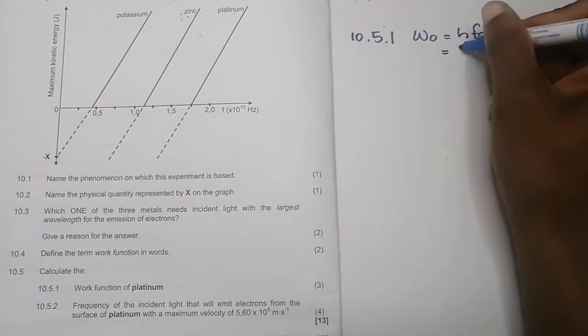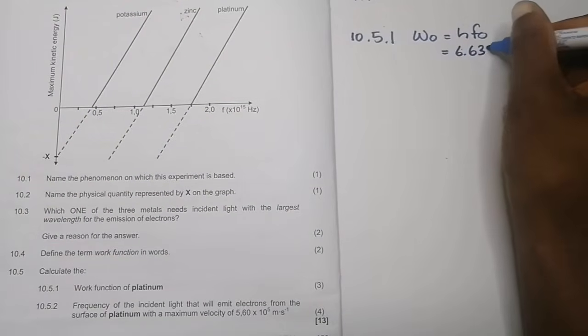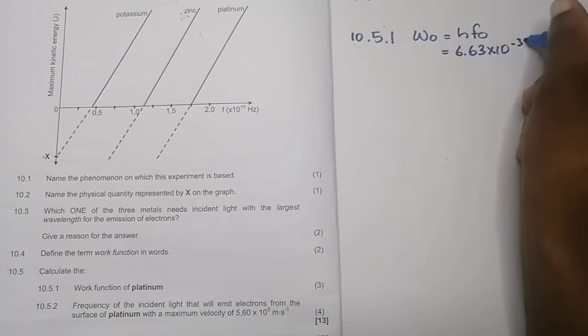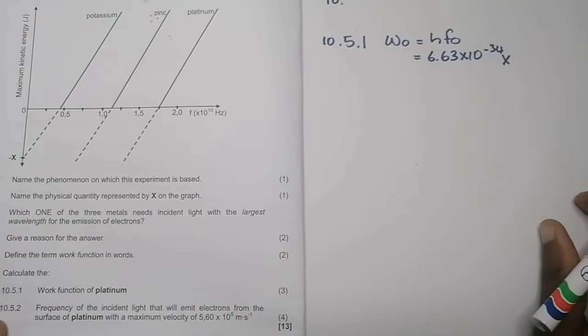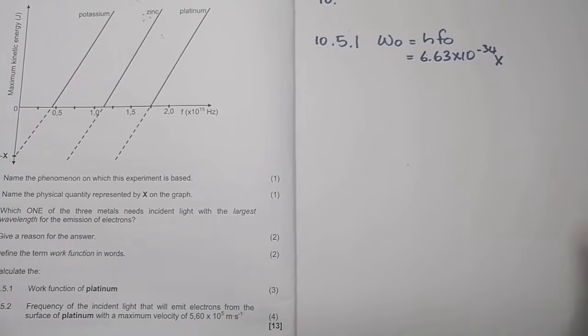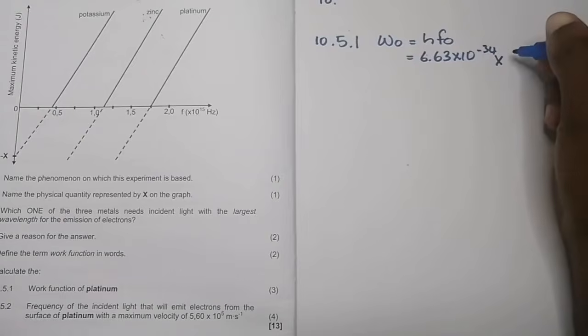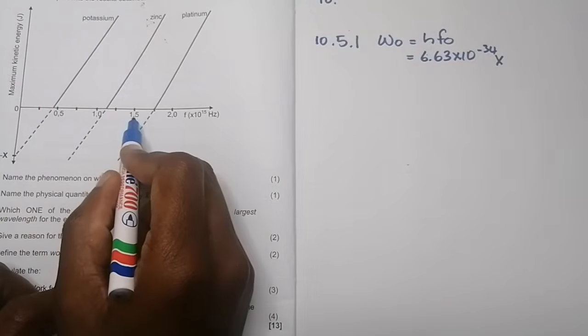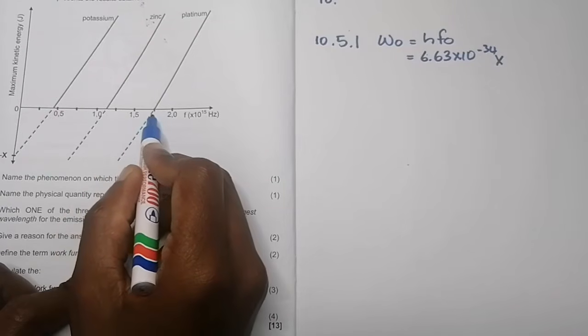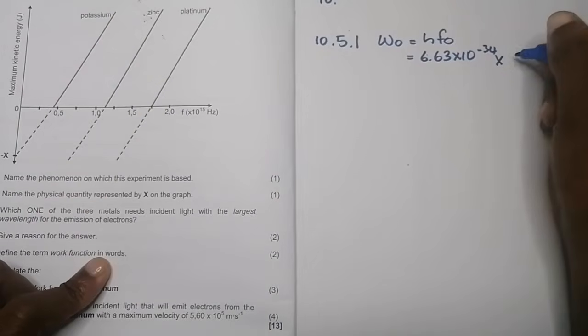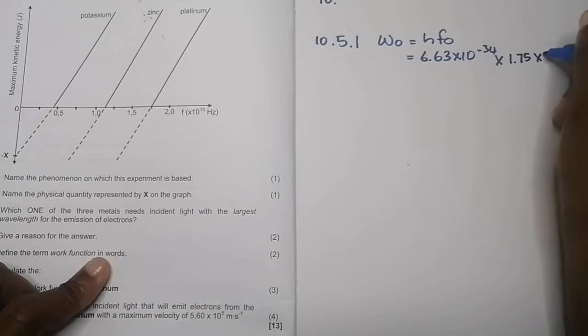Planck's constant, remember, you're given as 6.63 times 10 to the power minus 34, multiplied by the frequency. It looks like we've got 1.75 times 10 to the power 15.